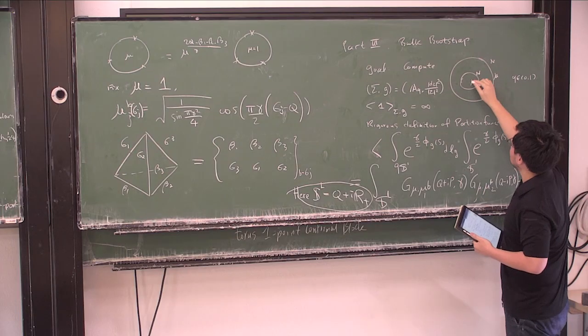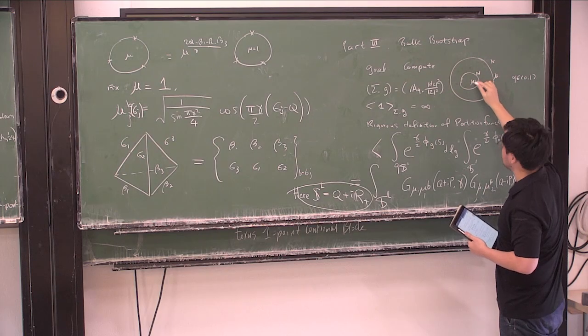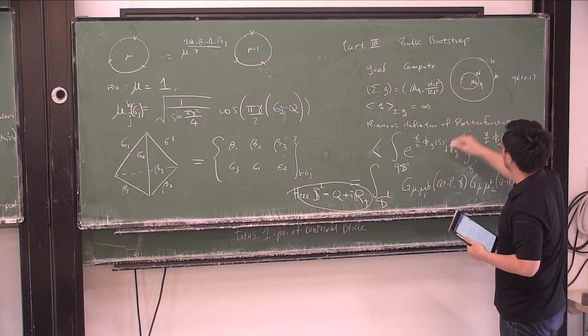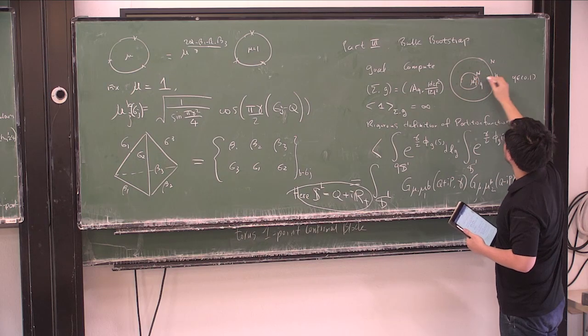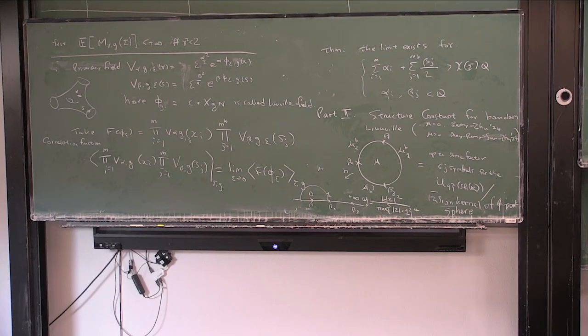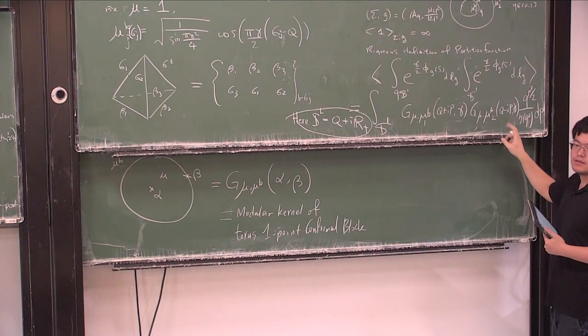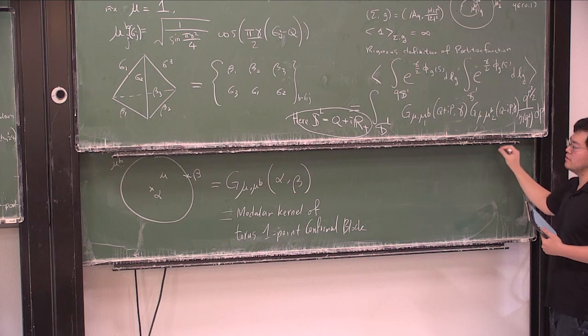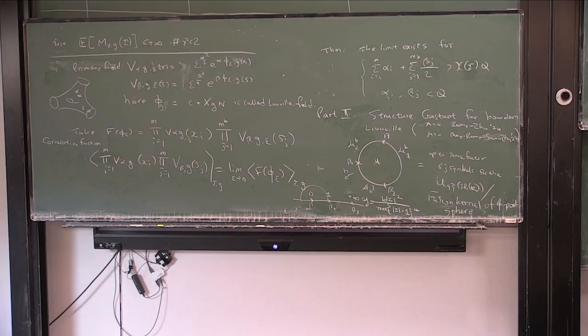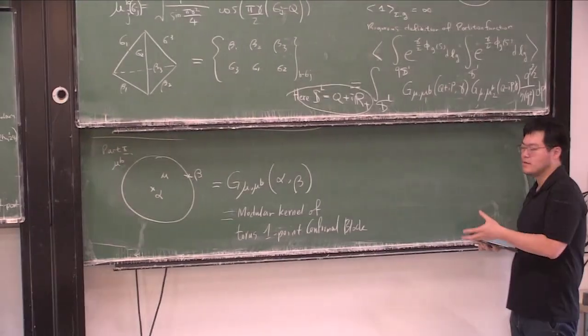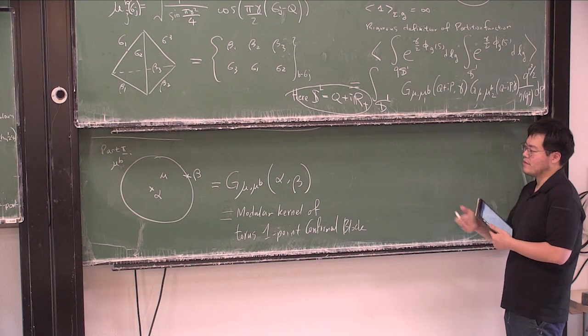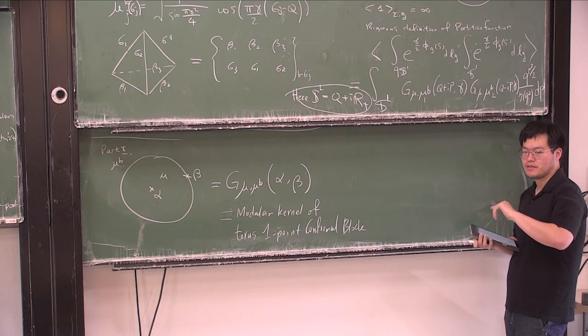Here, because you have inner and outer boundaries, we can put the boundary cosmological constants mu b1 here and mu b2 here. And what is the reason for putting minus IP in the second G? Q minus IP. So it's kind of conjugate. Yes, conjugate. Because when we do the bootstrap, we need some orientation, and you compute one side using the incoming orientation, and the other side is outgoing.